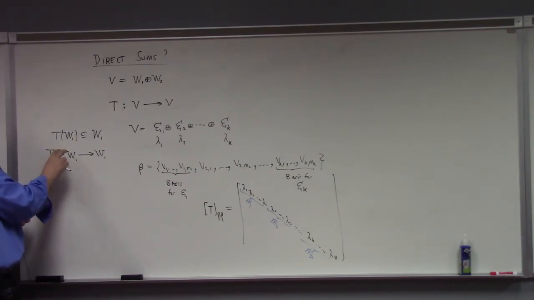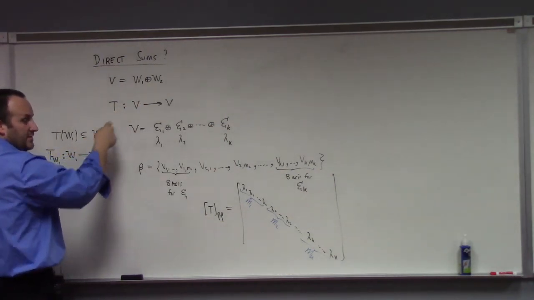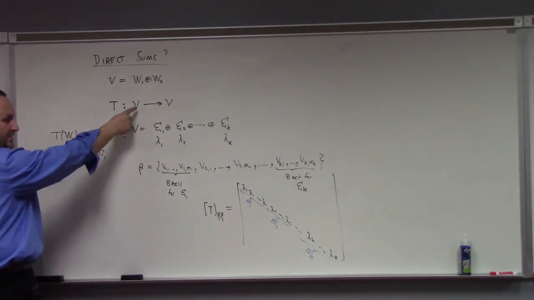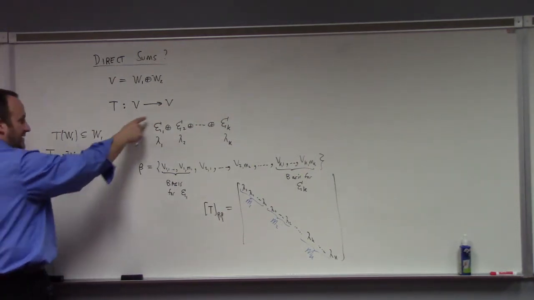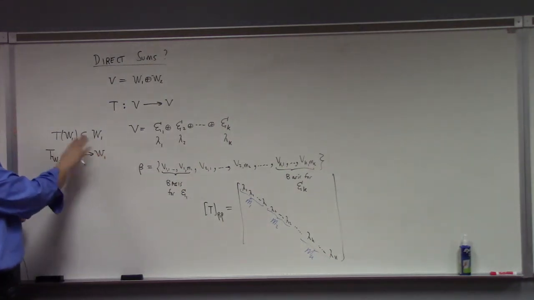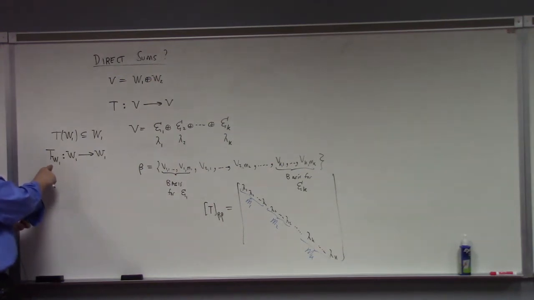The domain for T is all of V, right? The codomain is all of V as well. So here I'm restricting the domain to W1, and I'm replacing the codomain with W1 as well. So this is a related but different linear transformation to T, which just focuses on what the linear transformation does to the subspace W.